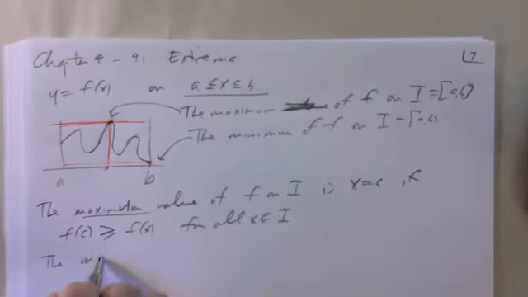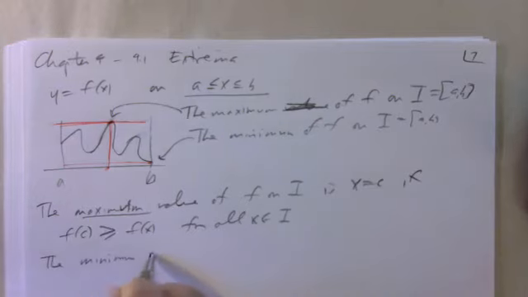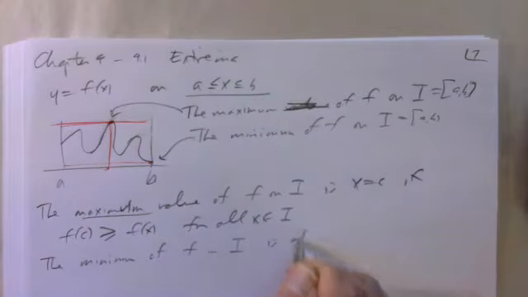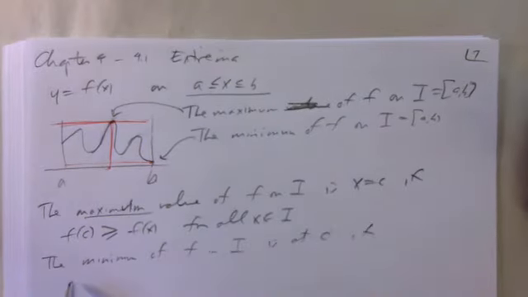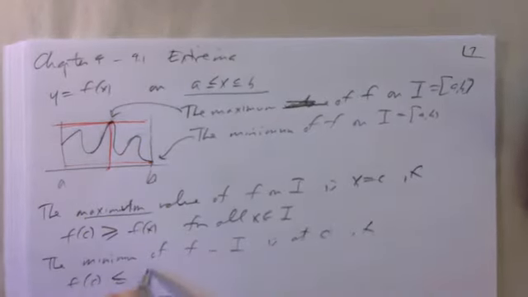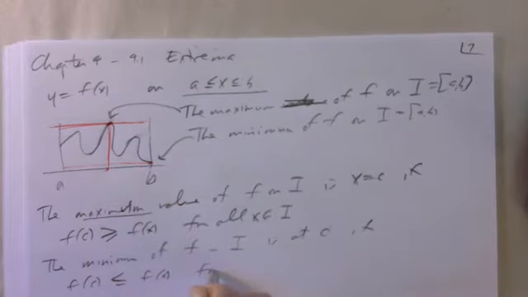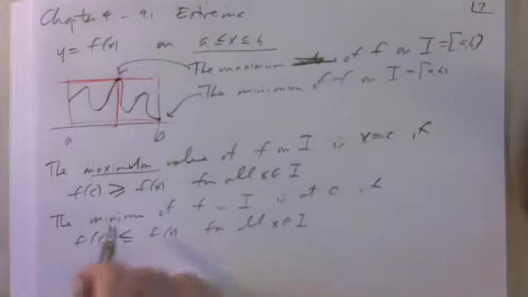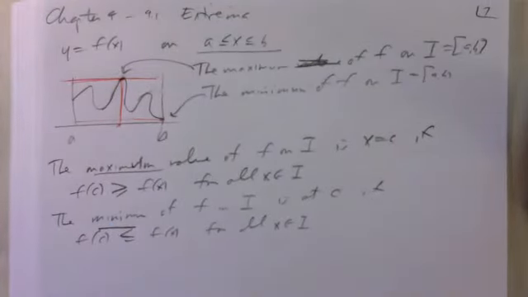And the minimum of f in I is at c if f of c is less than or equal to f of x for all x in I. So these are obvious definitions, just the largest value and the smallest value a function takes on.